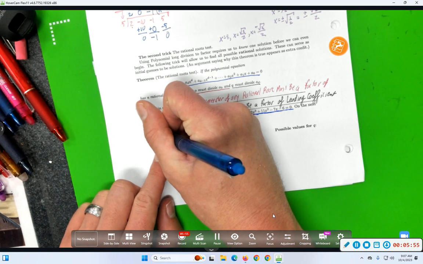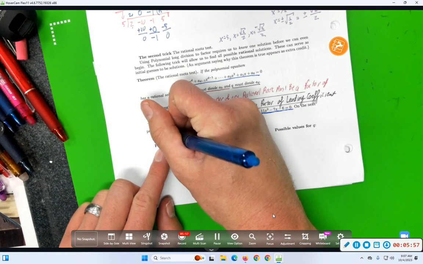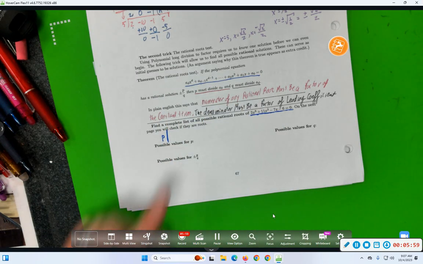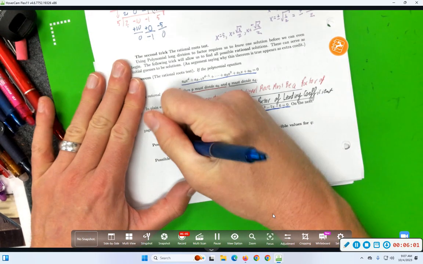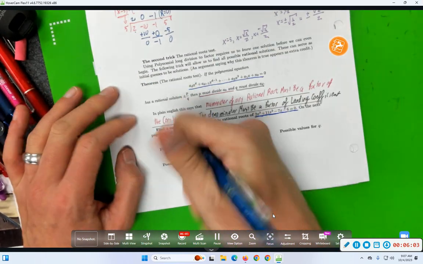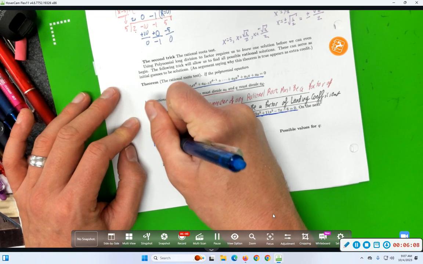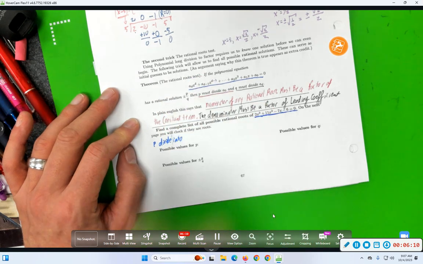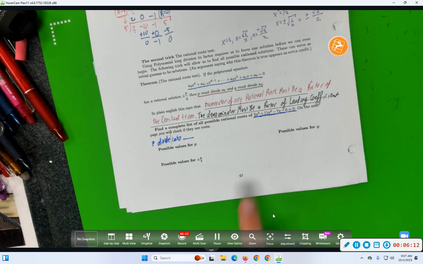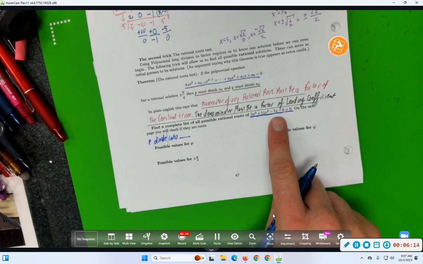I'm going to use a shorthand right here. The numerator p must divide into the constant term of the polynomial.